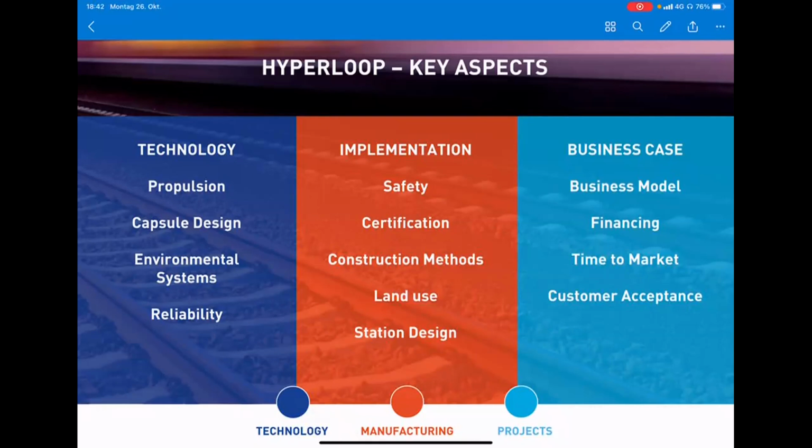Other aspects we look at right now are, for example, construction methods of the tube, and the land use, how much land is necessary? How do we build it? Do we build it on top of other existing infrastructure, etc.? And how is the station design being done? This is a special issue, in my opinion, because in a station, the people have to board and deboard.